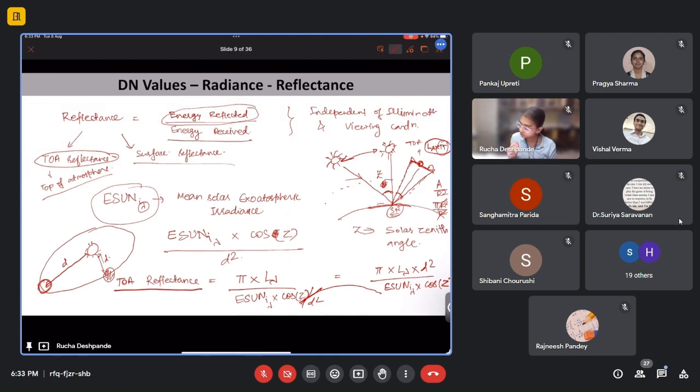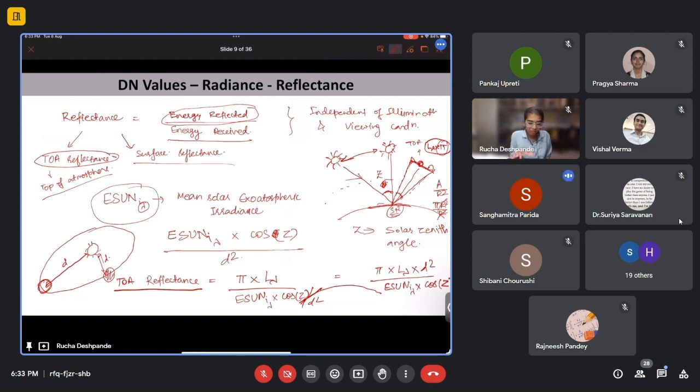So here we are taking care of the solar illumination geometry. So we are correcting all the errors that arise due to source sensor geometry. And now we'll look at how we can correct the atmospheric errors to arrive at the surface reflectance.